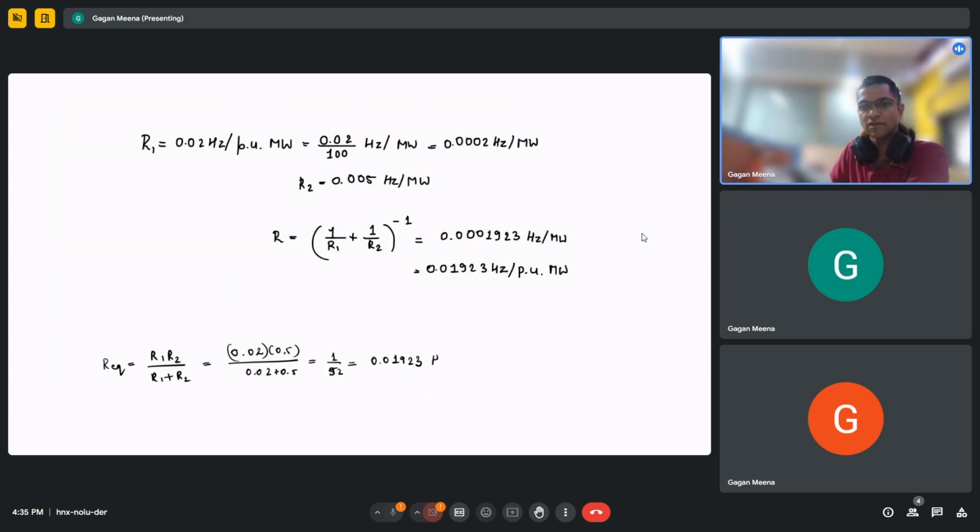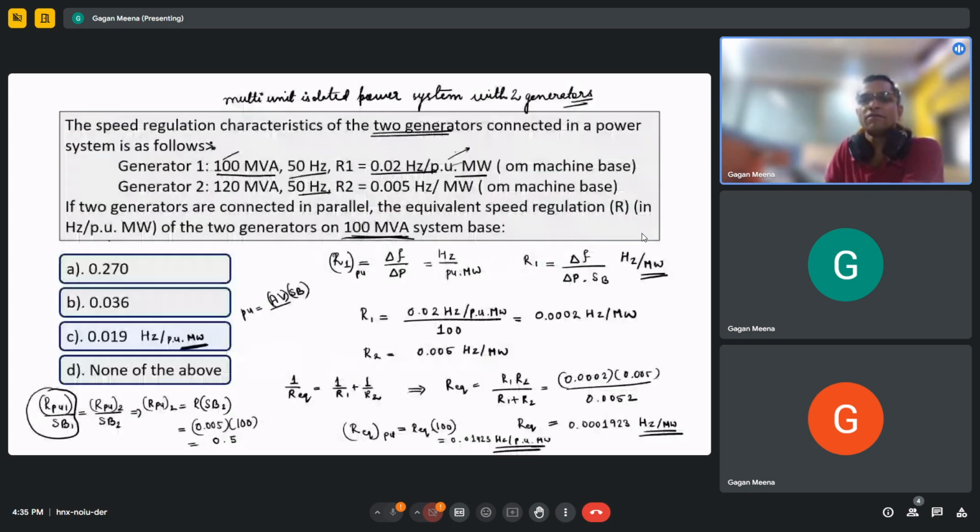So this is in hertz per unit megawatt. Either first convert this into per unit and then take R equivalent, which will give you directly R equivalent in the per unit, or second way, which we did first, is first convert this into actual value and then take the Req and then find the per unit value in the new system base.